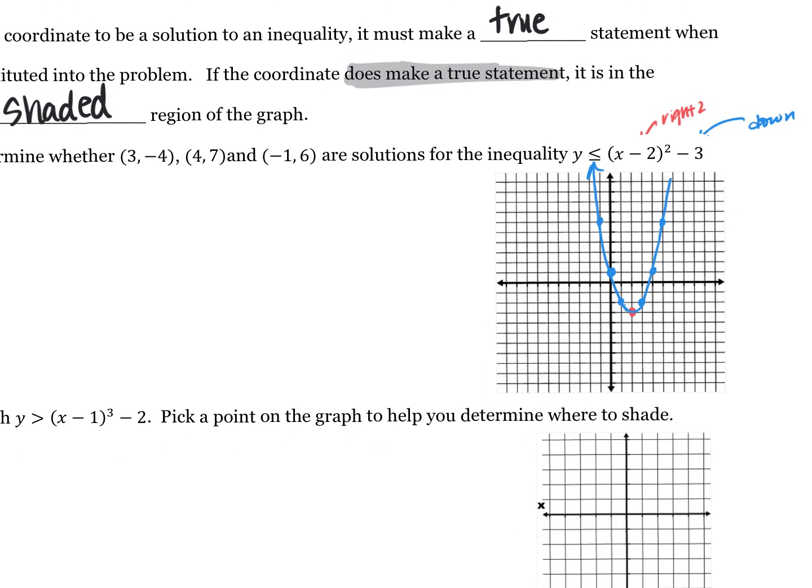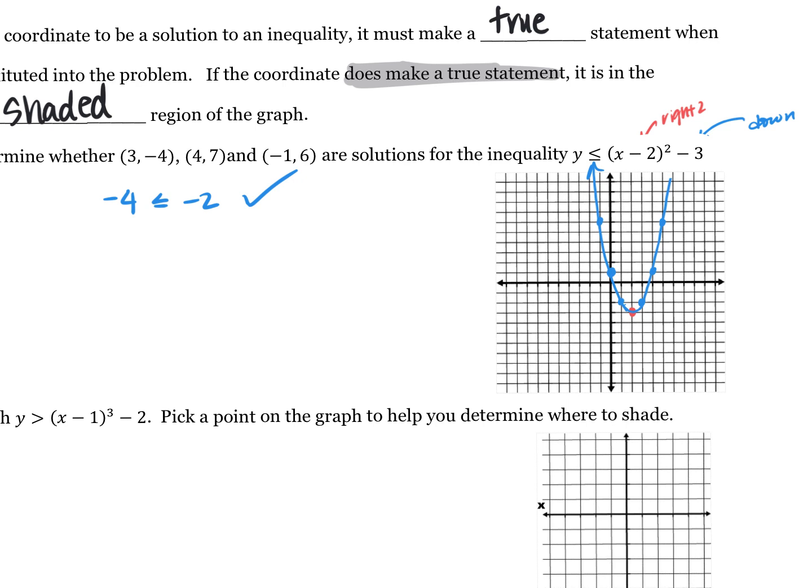Let's do it. Ready? If I were to put 3 in for my x, what is 3 minus 2? 1. Square it. 1 minus 3 is -2. Is my y of -4 less than or equal to -2? I put in -4 for y and 3 for x. Is that true or false? -4 is less than -2.